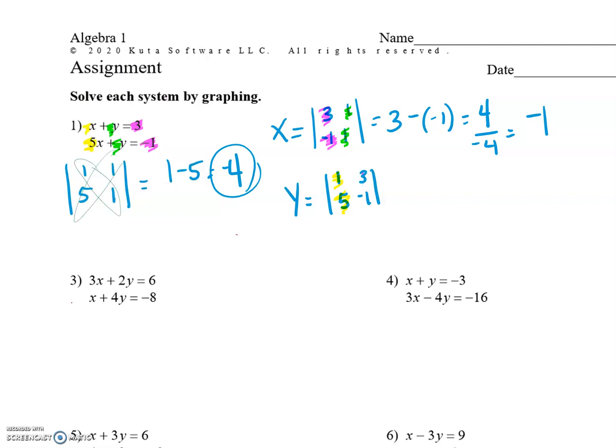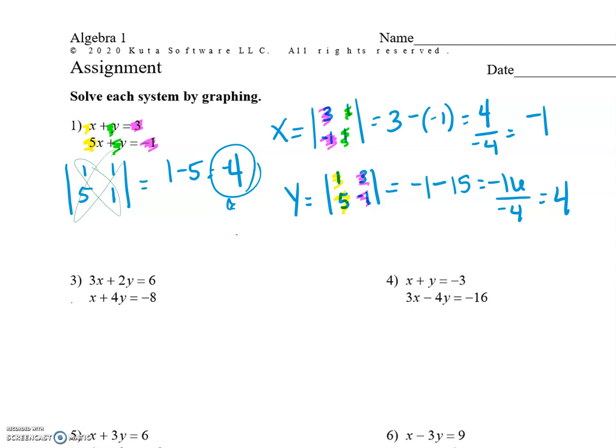What am I thinking? There we go. So I find the determinant of that, which is 1 times -1, which would be -1 minus 3 times 5, which is 15, equals -1 minus 15 would be -16, and then I need to divide by this number, divide by -4, and I get +4.